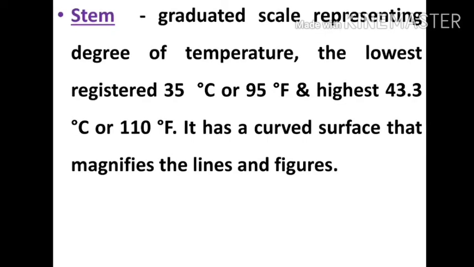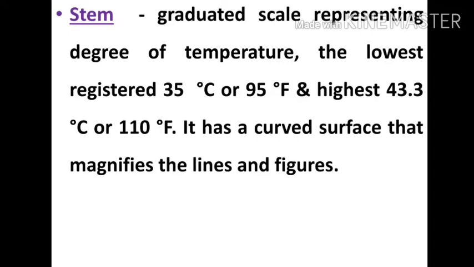What is stem? It is a graduated scale representing the degree of temperature, and it is having the lowest value of 35 degrees Celsius or 95 degrees Fahrenheit and the highest value of 43.3 degrees Celsius or 110 degrees Fahrenheit, and it is having a curved surface that magnifies the lines and figures.